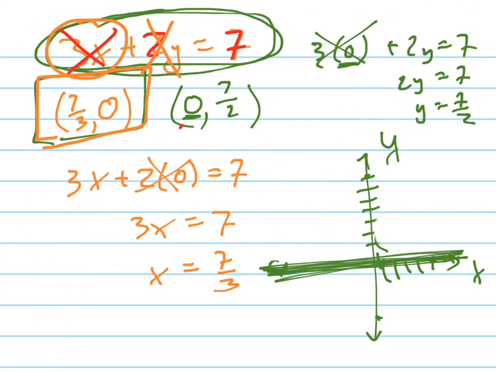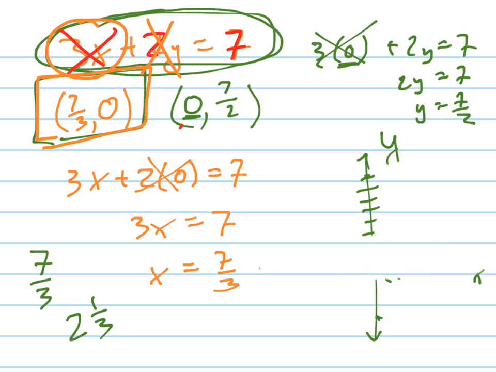All right? So my points are 7/3, and what's 7/3? 3 goes into 7 twice, and there's 1 left over, so that's 2 1/3. Let me clean up this graph over here so you can see it better.